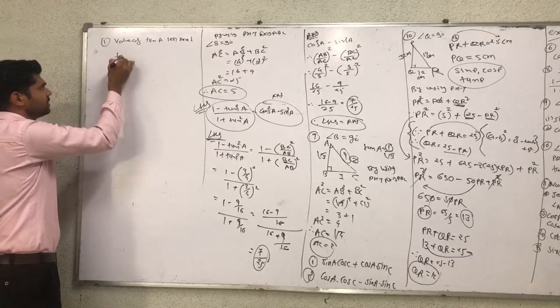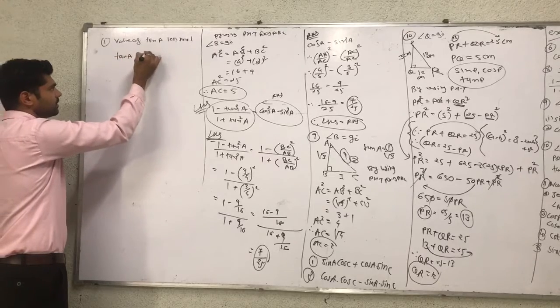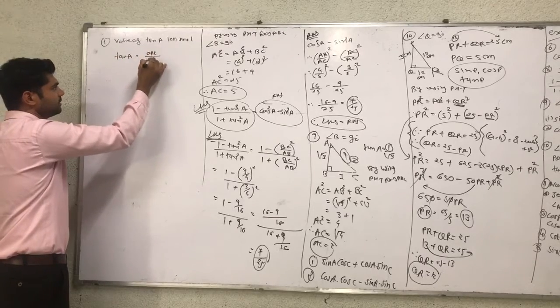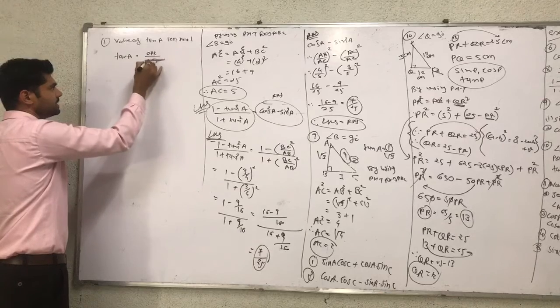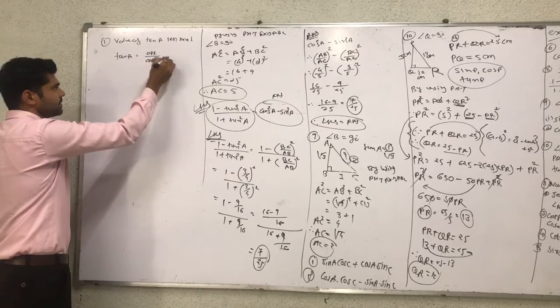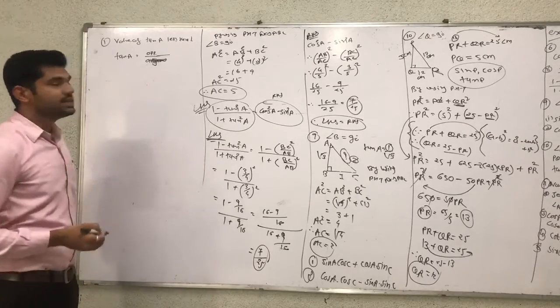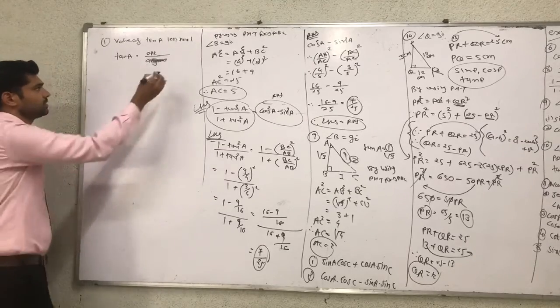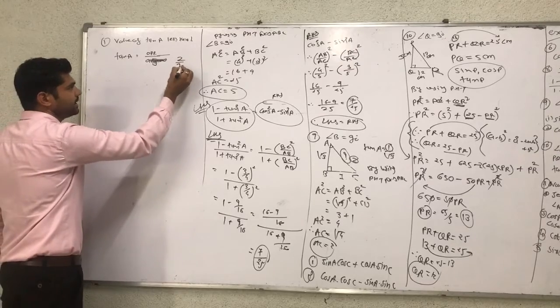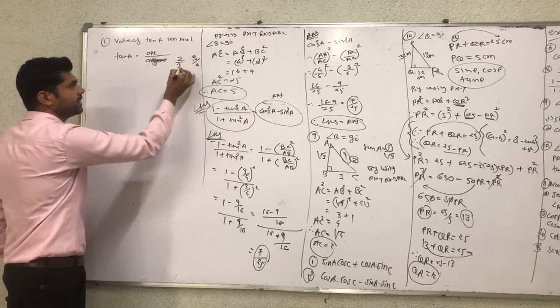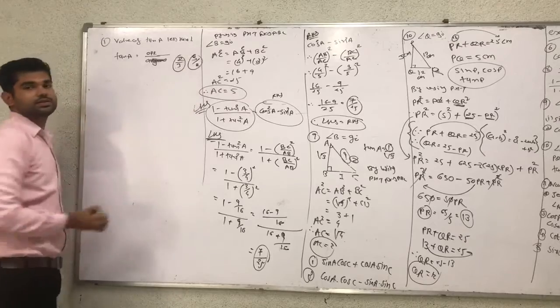Now tan A means what? Opposite side upon adjacent side. So when answer is less than 1, suppose 2 divided by 3 or 3 divided by 2, both answers have difference.